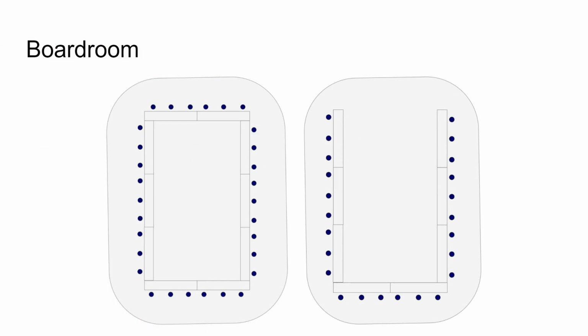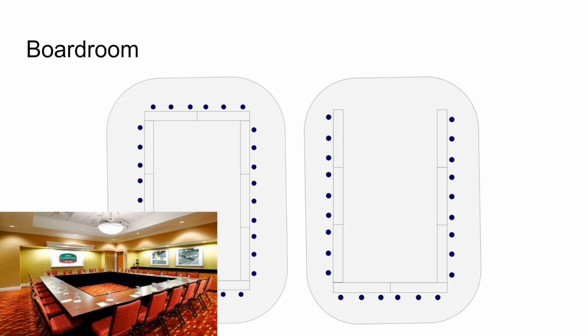Another banqueting arrangement is boardroom arrangement. Boardroom is a small banqueting area which is generally meant for conducting meetings. Usually the higher authorities within a management will conduct a meeting within a boardroom.